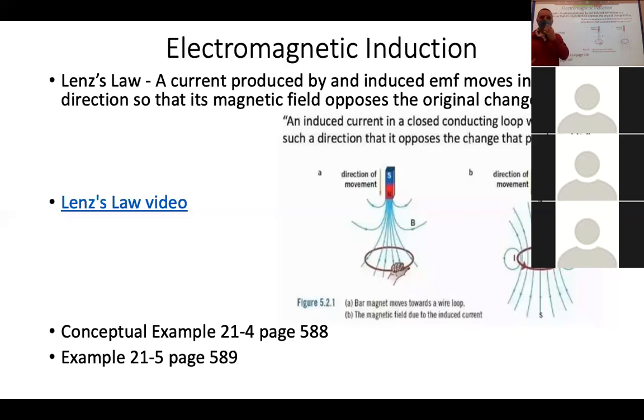So for that increase, the current is going to make its own magnetic field to oppose the extra magnetic field lines. So the current's magnetic field would go up instead of down, to oppose and cancel out those new ones.